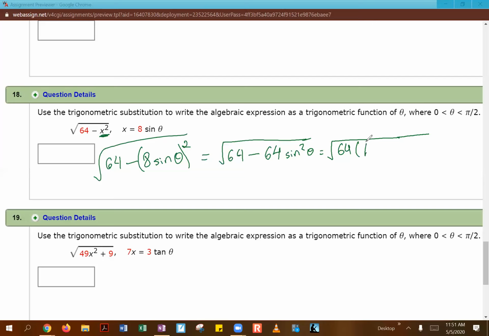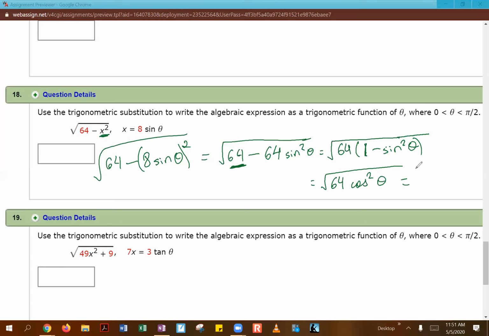You should have 1, right? Because you have a placeholder for this 64. So you should have a 1 for that, and then minus sine squared theta. Then that's just cosine squared. Very good, yeah.